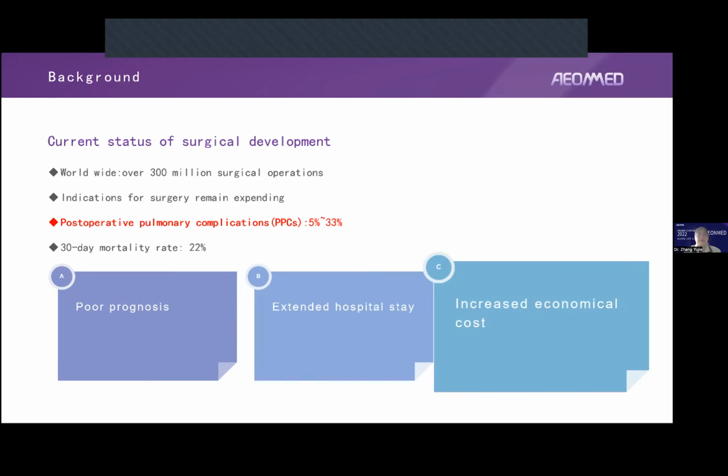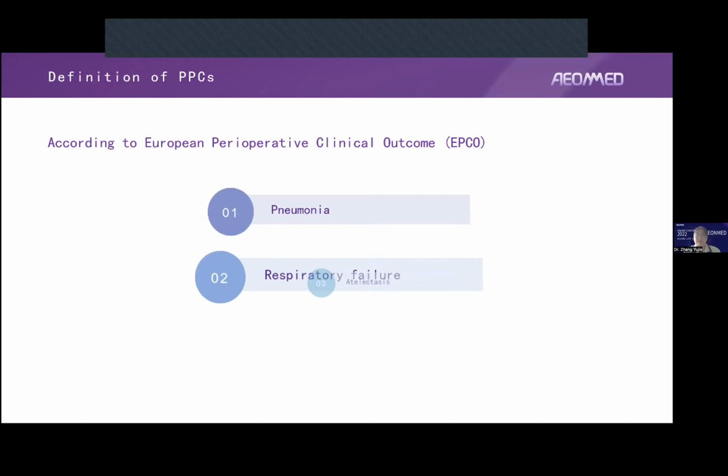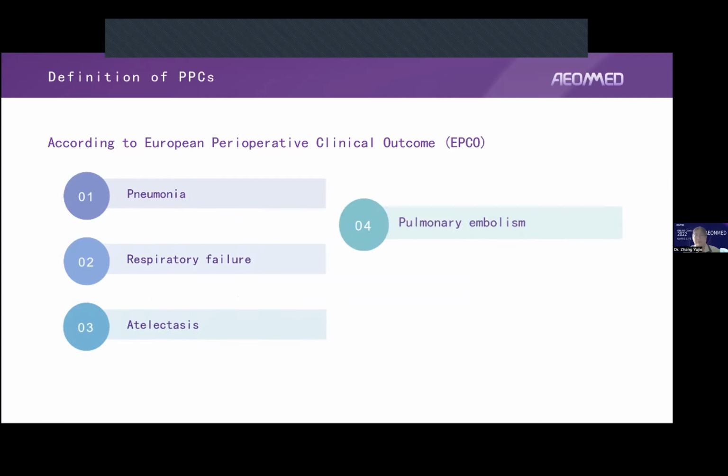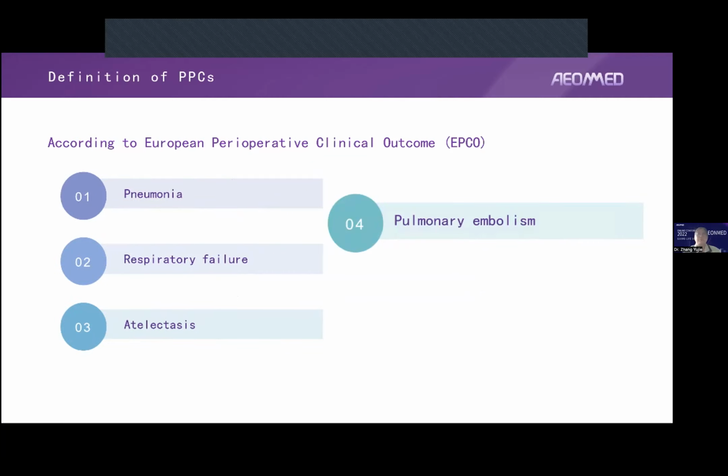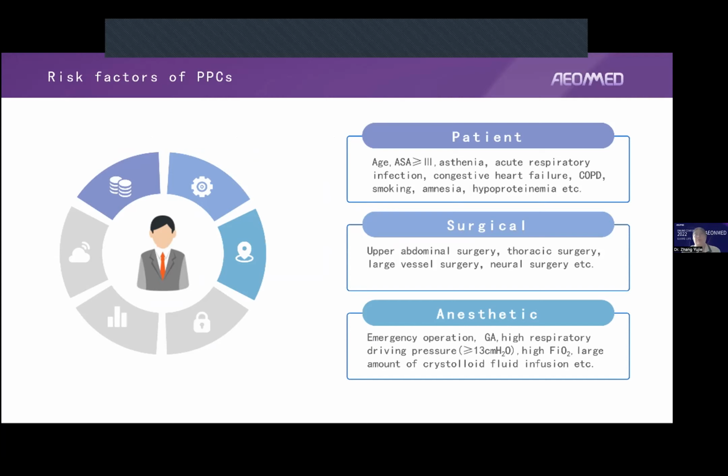According to the European Perioperative Clinical Outcome, PPC was defined as pneumonia, respiratory failure, atelectasis, pulmonary embolism and pleural effusion. There are many risk factors too, mainly arising from 3 parts: patient, surgery, and anesthesia. What we can do is to distinguish them and minimize them, especially those caused by anesthesia.